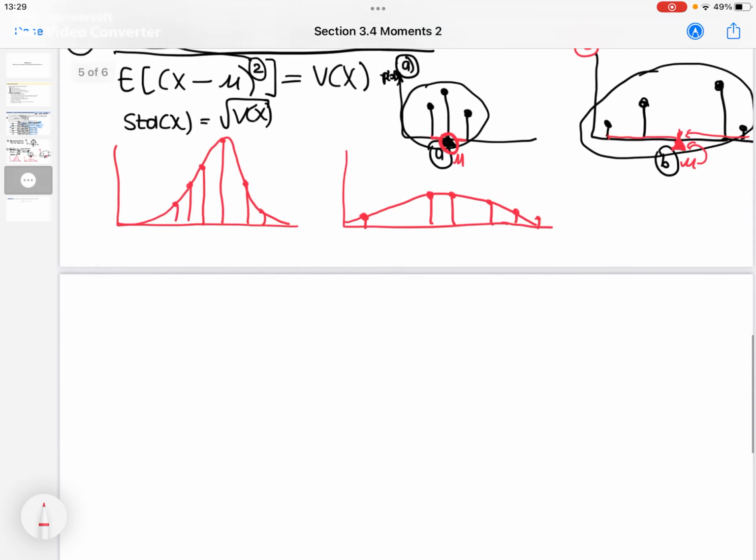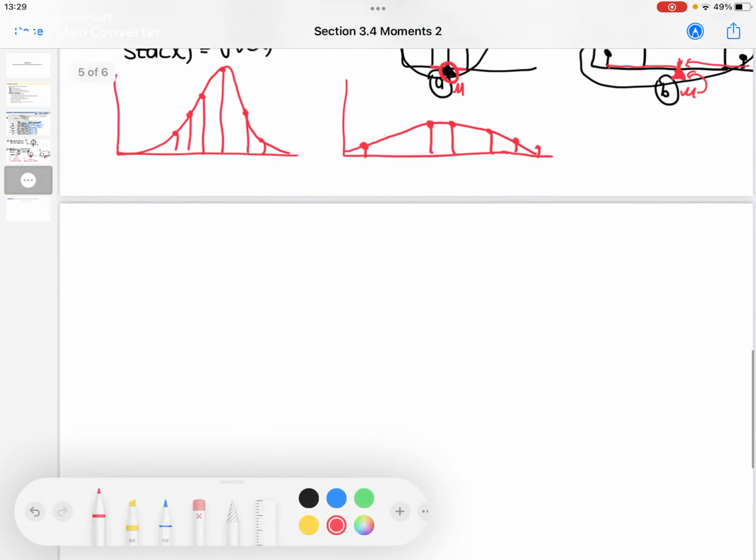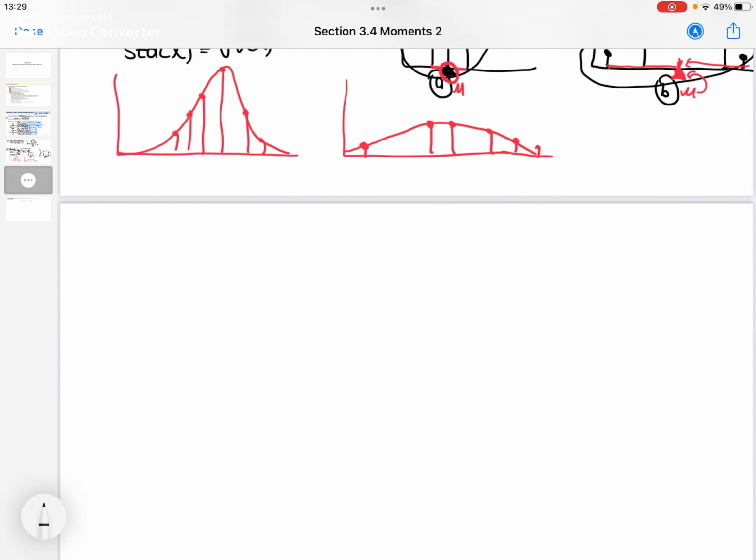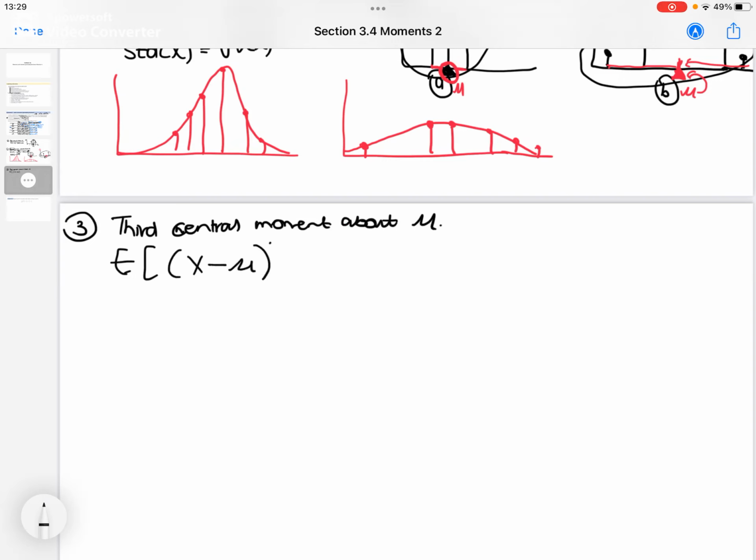All right. And then the third important moment that you need to take note of is called the third central moment about mu. And so this is defined as expected value of x minus mu, because it's about mu, all to the power 3, since we're looking at the third moment. And we're going to use this third moment to define a measure called skewness.